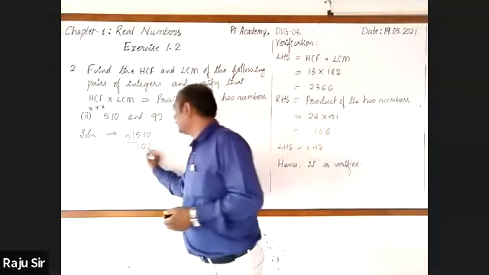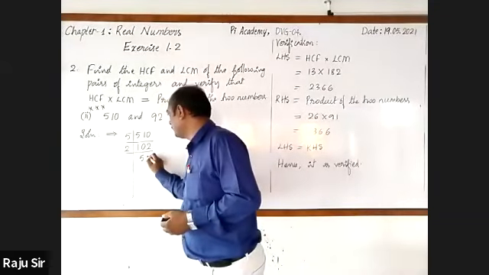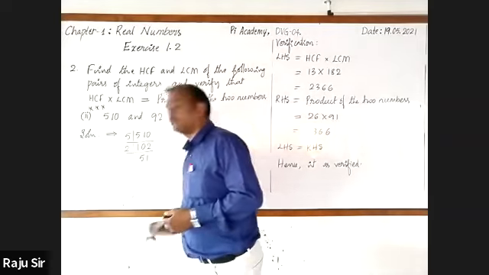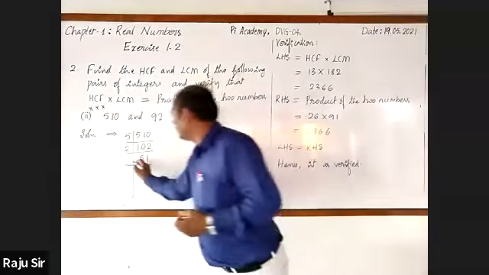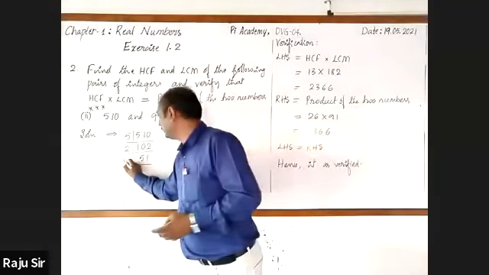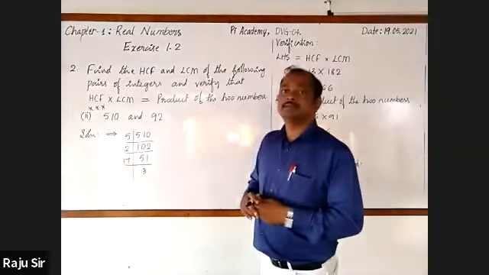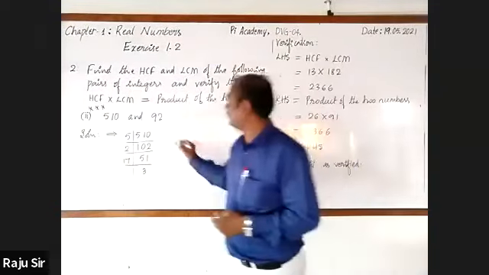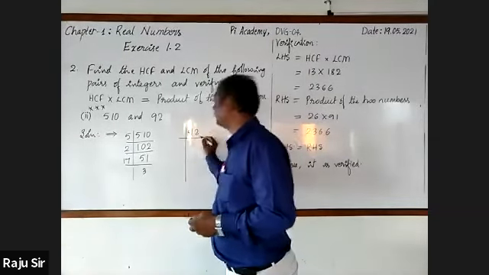Next, it is even. Start dividing this by 2. 2 5s are 10 and 2 1s are 2. 51. Oh yes, correct. 51 is there. You know that it is a multiple of 17. So 17 3s are 51. Next, let us find out the prime factorization of 92.